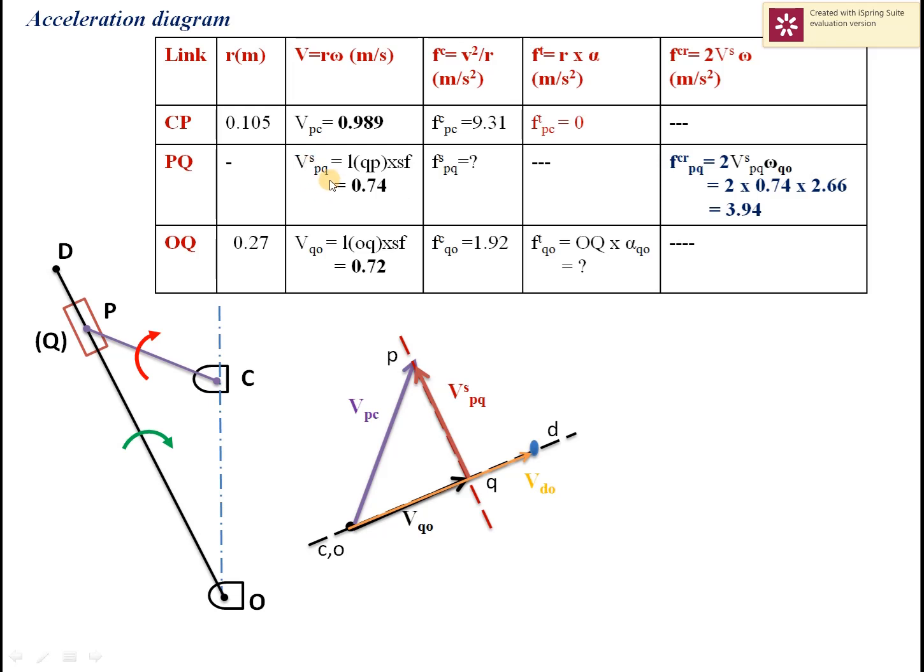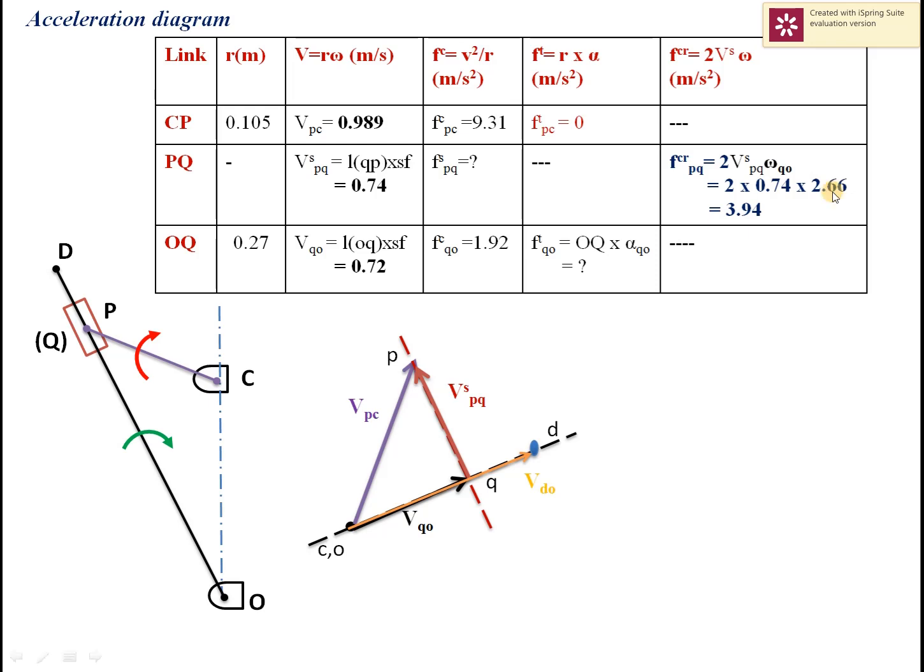So as VSPQ changes its direction, that is it rotates with link OD, it will have Coriolis acceleration indicated by FCRPQ, the Coriolis acceleration of P relative to Q, whose magnitude is equal to 2 times the sliding velocity of P relative to Q into the angular velocity of link OD, or OQ.